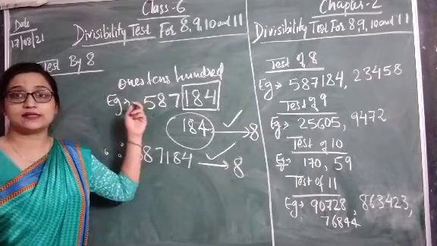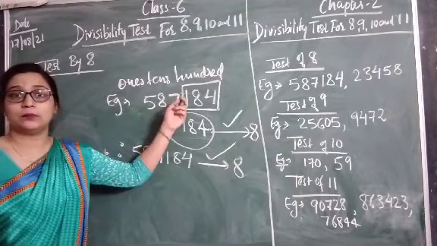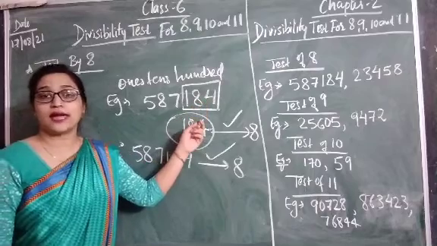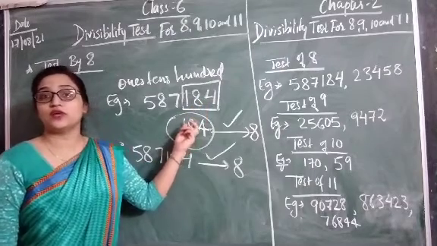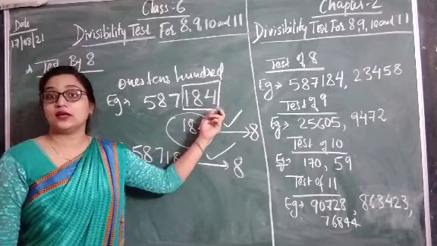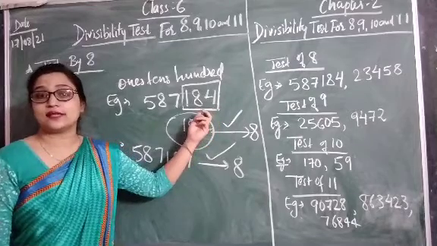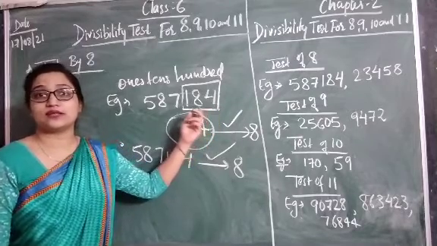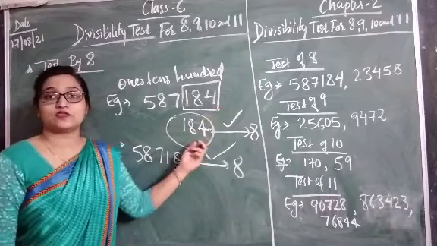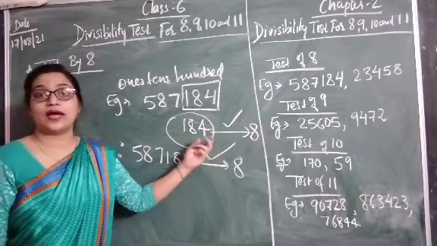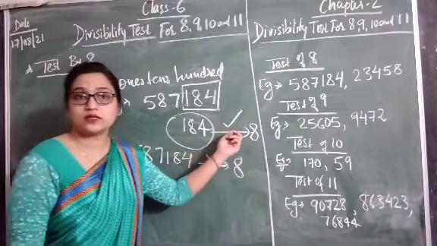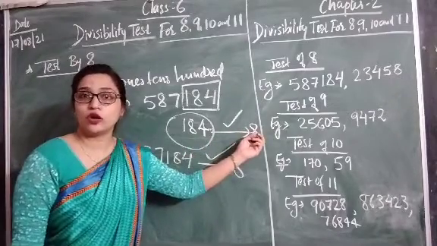Okay, so for testing the 8 number or the test for 8, we should remember that we have to observe the number formed by the digits in hundreds, tens and ones place, that is 184 here, and we have to check whether this 184 is divisible by 8 or not.